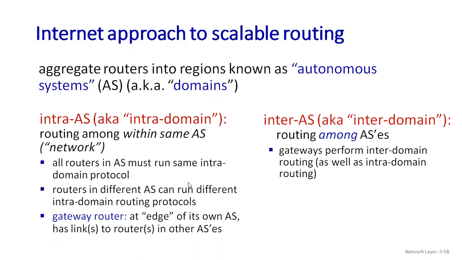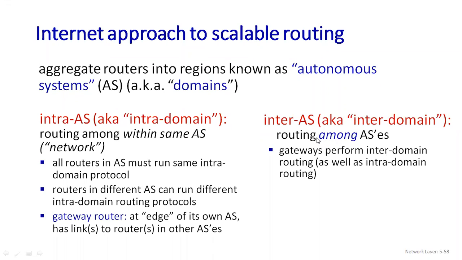Then next, if I talk about the inter-AS. The two concepts I told you, the first one is intra, next is inter, which is your inter domain. So inter means what? It is network within the network.